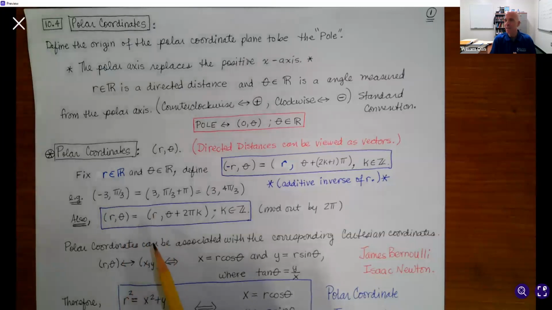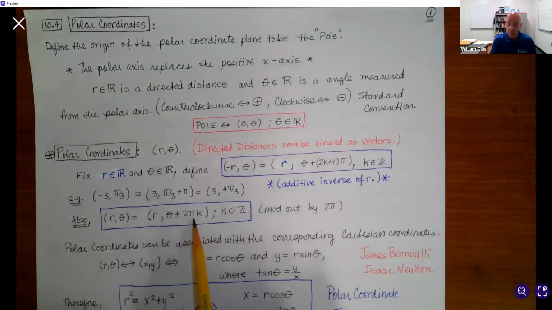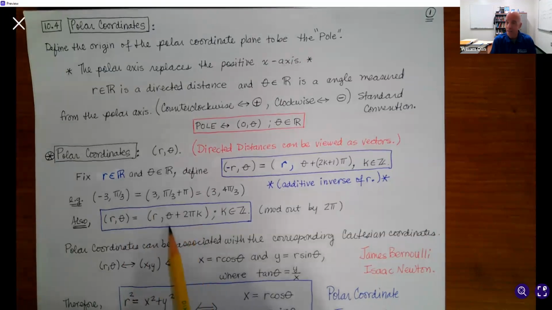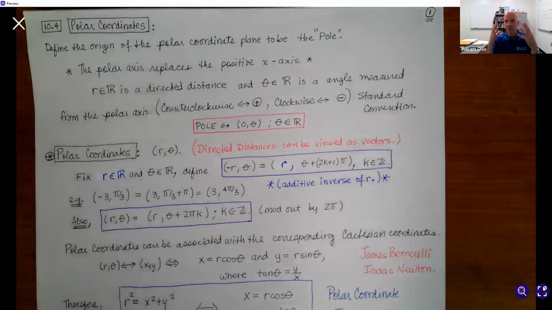That tells you right off the bat that polar coordinate representations, just like angle representations, are not unique, because you can always add a multiple of 2π to θ and you have an equivalent angle. So you're thinking, oh man, that's going to make it more complicated. Well, not necessarily. It just means that there's flexibility.